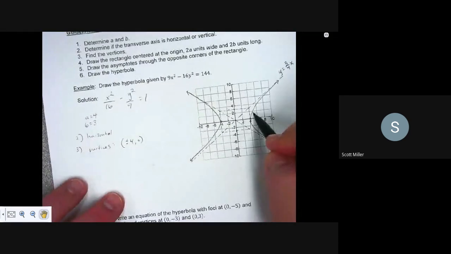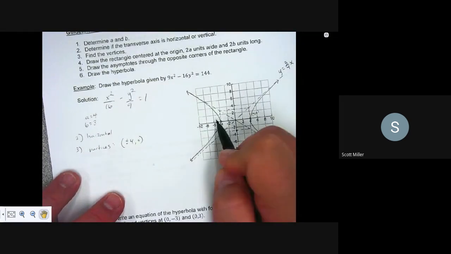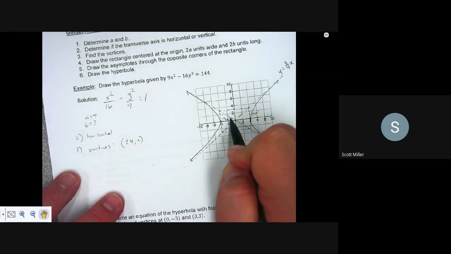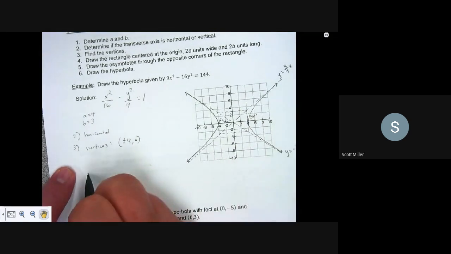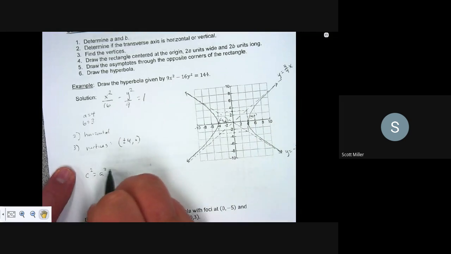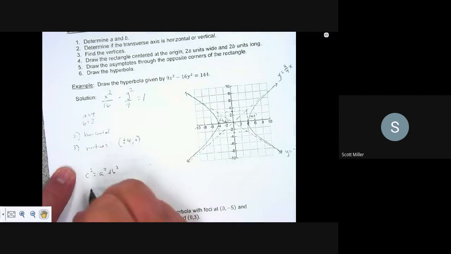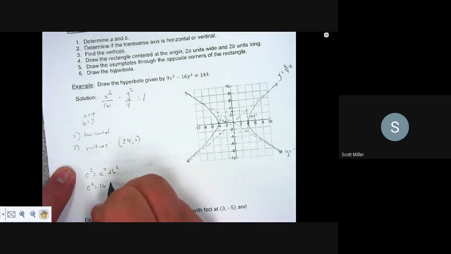So here's my vertex at 4, 0. Here it is over here at negative 4, 0. We can find C, the foci, because C squared is A squared plus B squared. That is A squared, that is B squared, so 16 plus 9, 25.